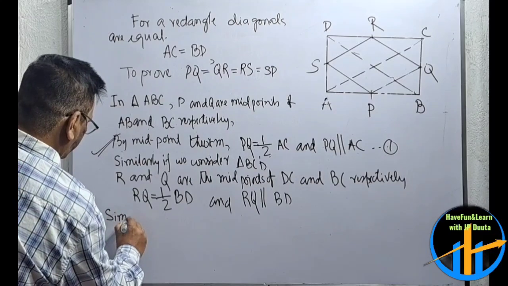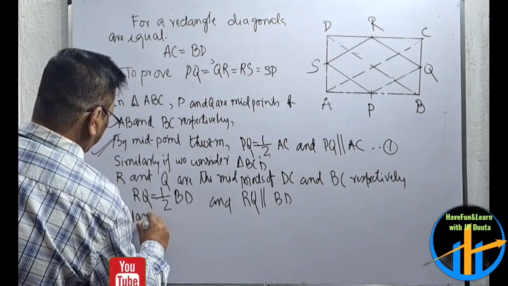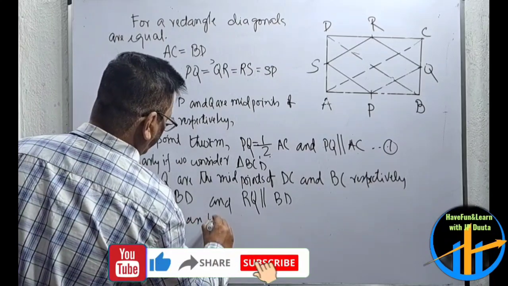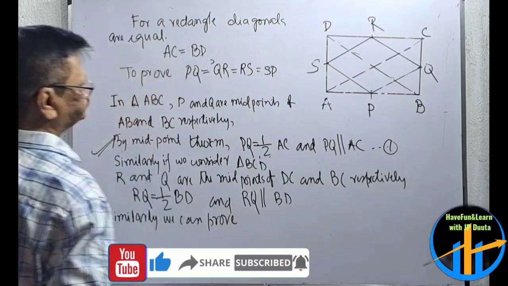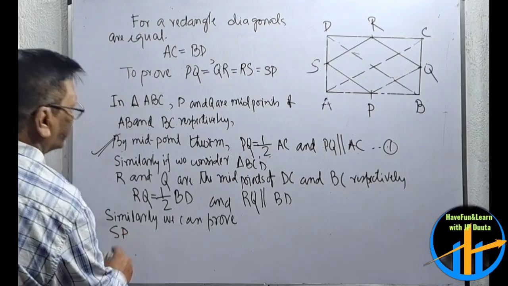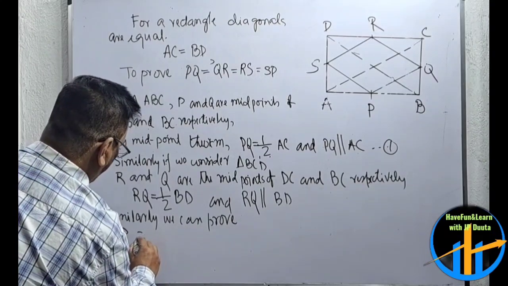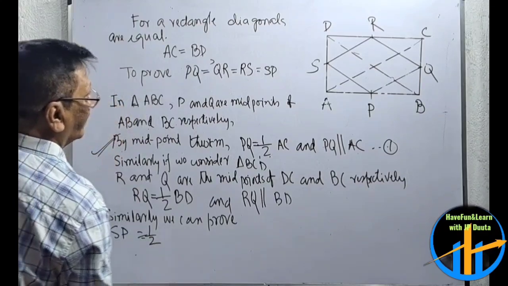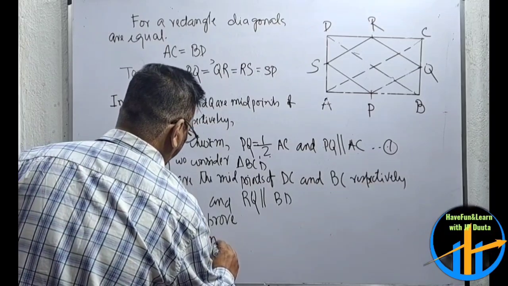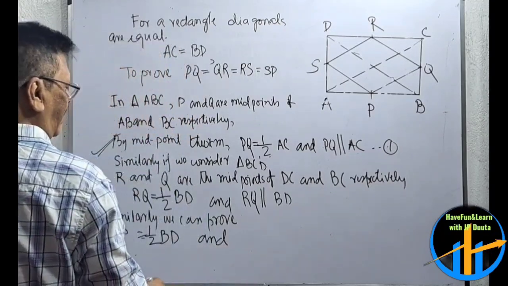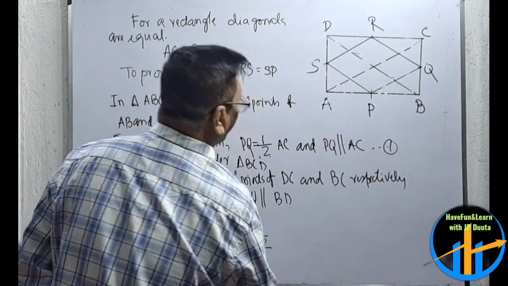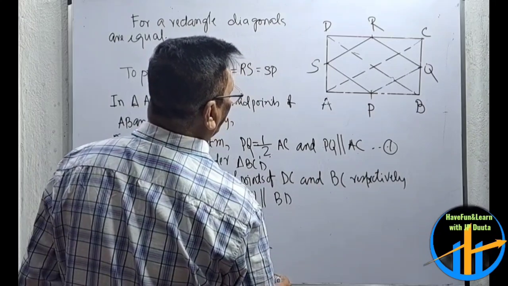Similarly, we can prove SP is equal to half of BD and SR is equal to half of AC.